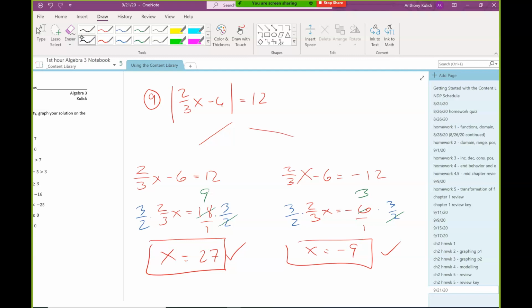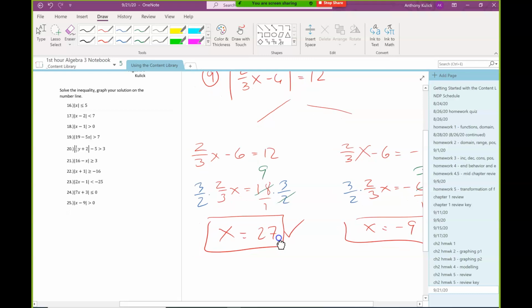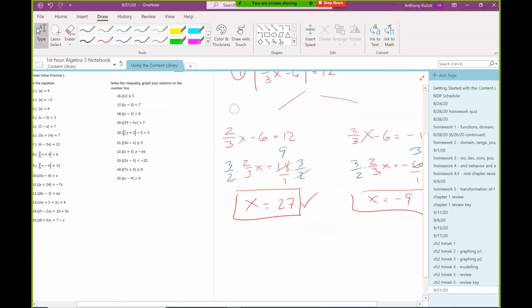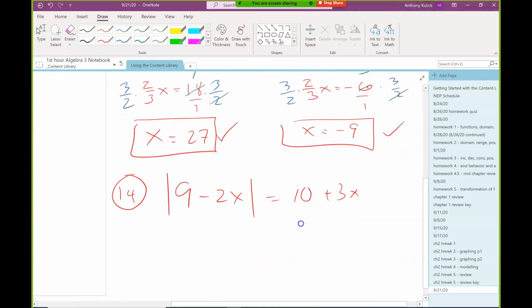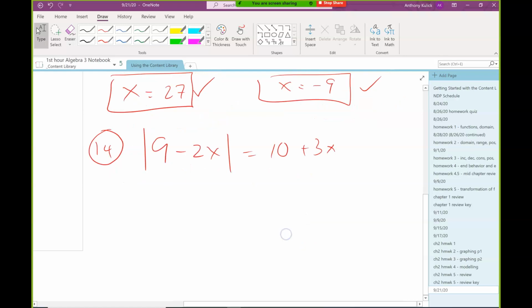Paradise. 14. So that's 9 minus 2x equals 10 plus 3x. Okay. So again, the first step would be to get the absolute value part by itself. That's already been done for us here, though. So we'll just start by splitting it into two equations.